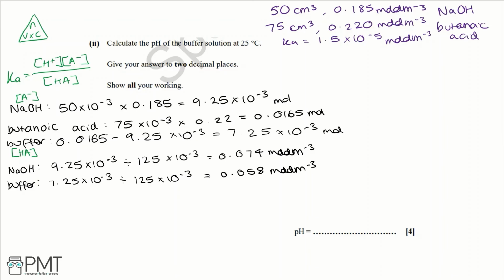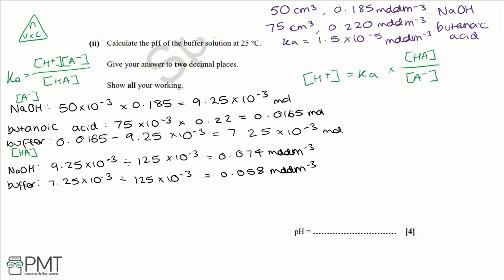So now we're using our second equation, and we're going to rearrange this equation so that we have H+, or the concentration of H+, as our subject, and that's going to equal Ka times HA, or the concentration of HA, divided by the concentration of A-.